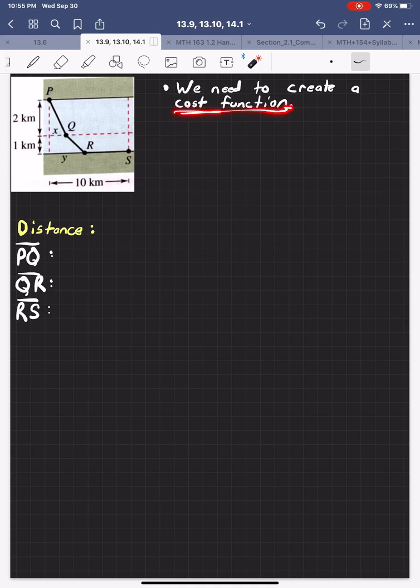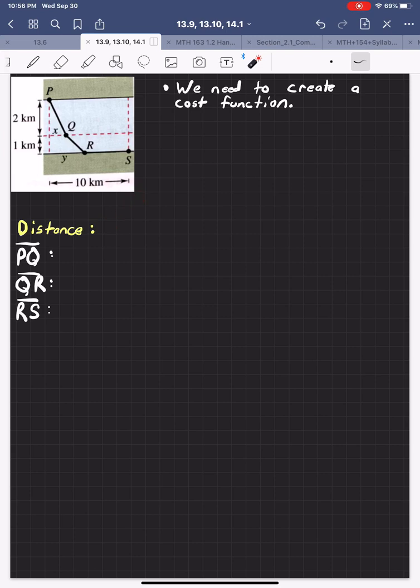This is more like the real world. Your company wants to minimize costs, but they don't give you a cost function. It's your job to build one, then use your mathematical skills to optimize it. We've got to build a cost function. Based on everything we know, cost is just distance multiplied by the price per kilometer, right? So we need to start by building distance.